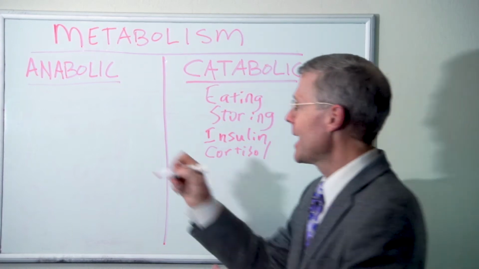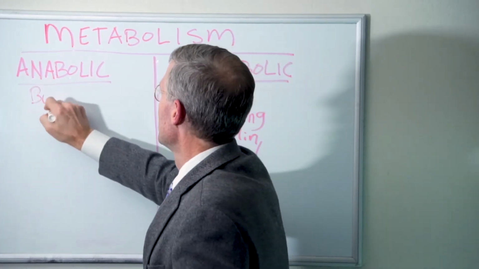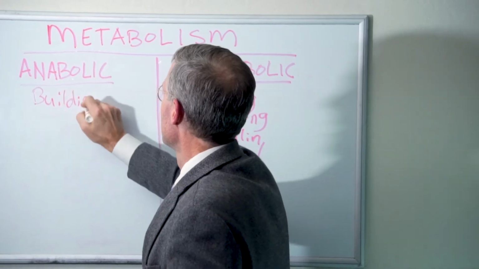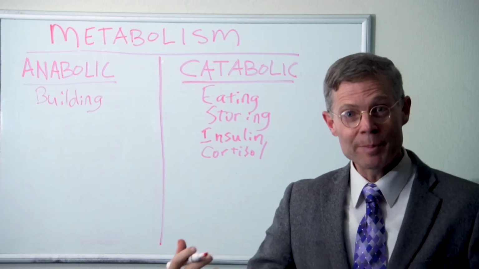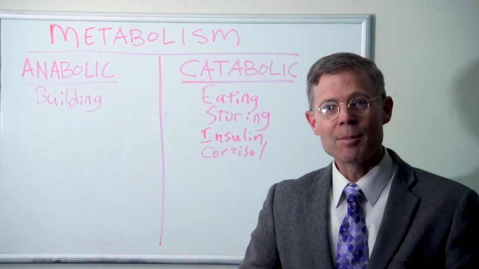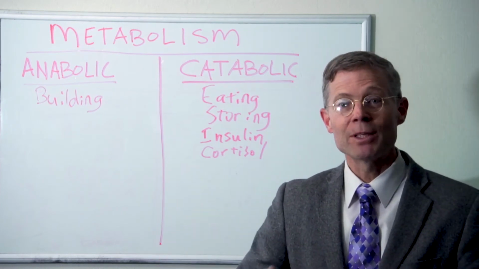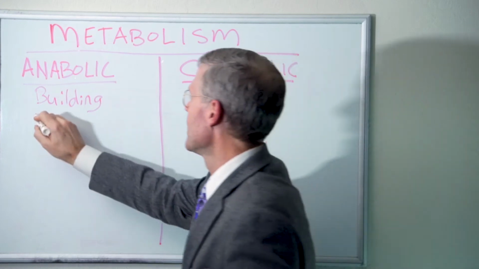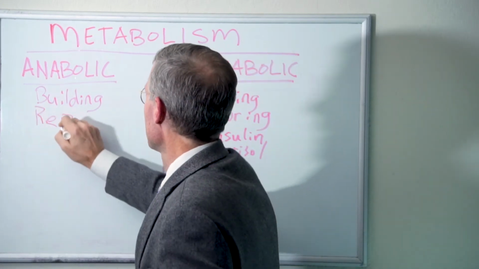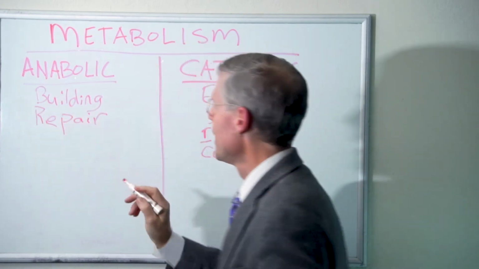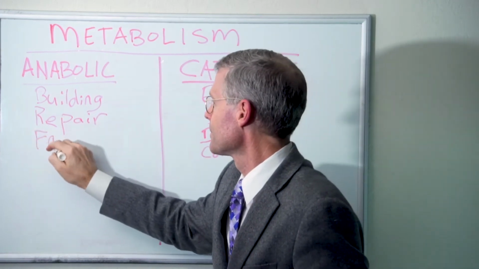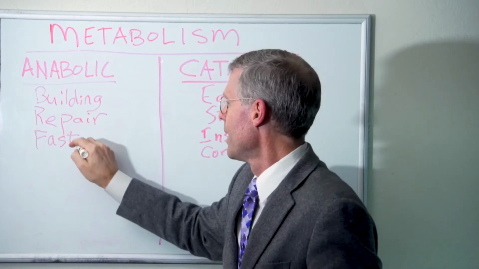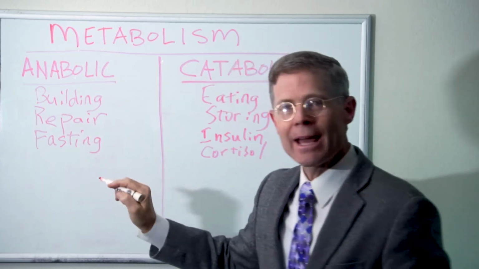Anabolic is where we're building up. Perhaps you've heard of anabolic steroids. What do they do? Well, they build muscle. The anabolic state is when we're building up everything. Repairing is another thing. This happens when we're fasting and resting.